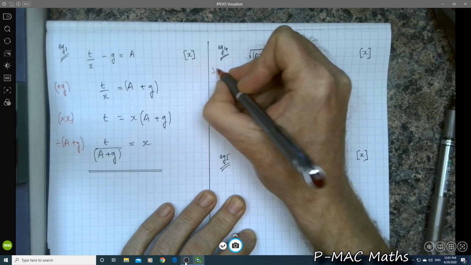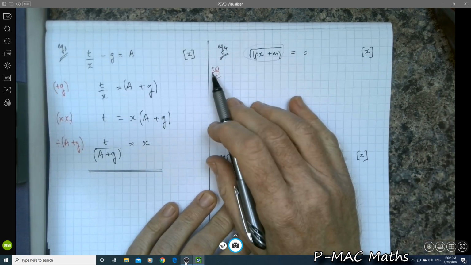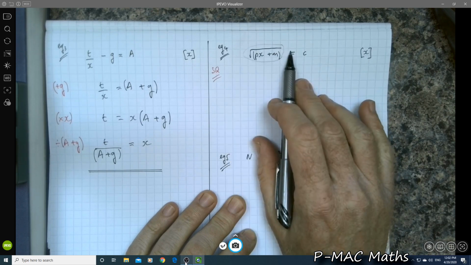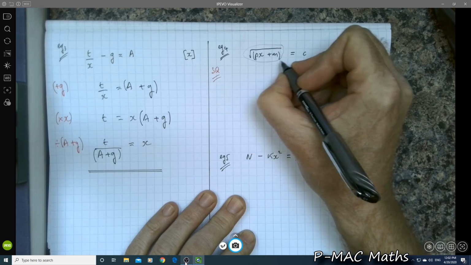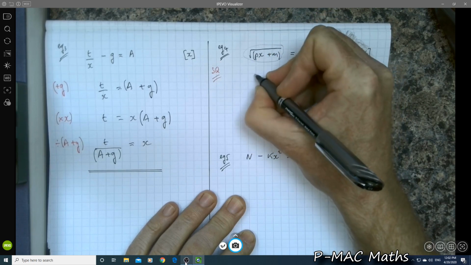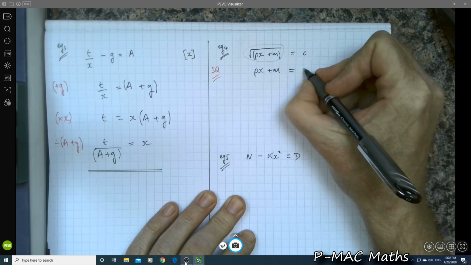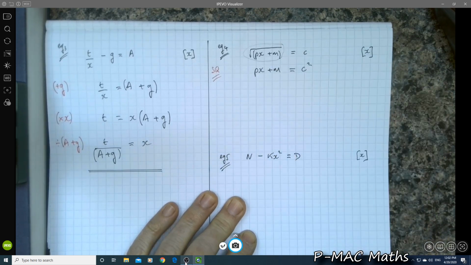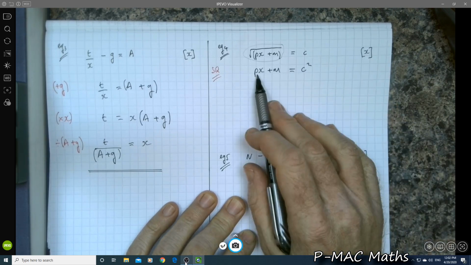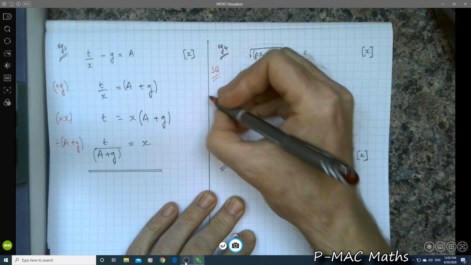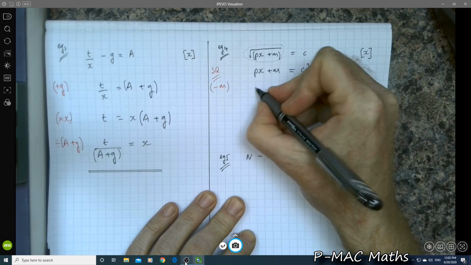So I'm going to square both sides of this equation. Squaring, when you have a square root of information, just simply removes the square root sign. It's the inverse operation. So this side will just become px plus m. And on the right hand side, c squared. Next, to get the x term on its own, because we're looking for x, I subtract m from both sides, because I want the x term on its own.